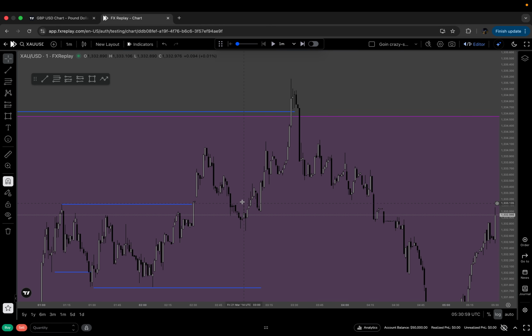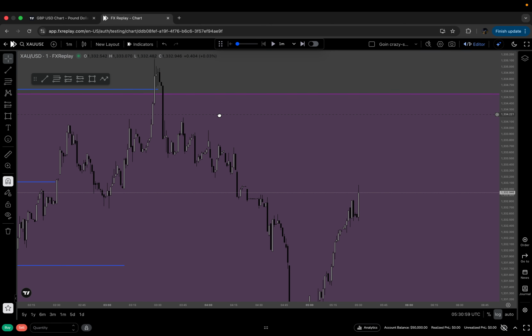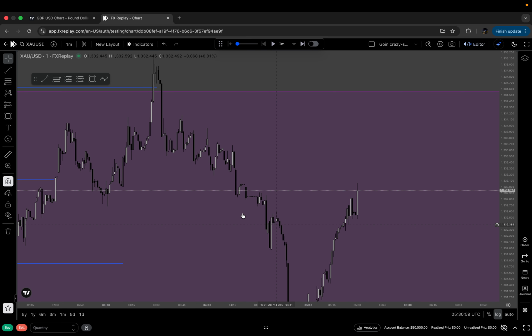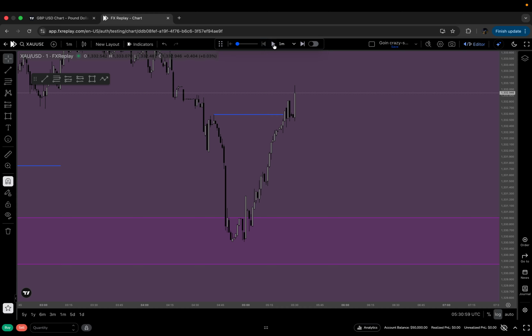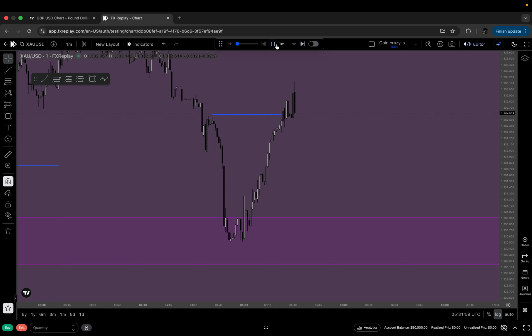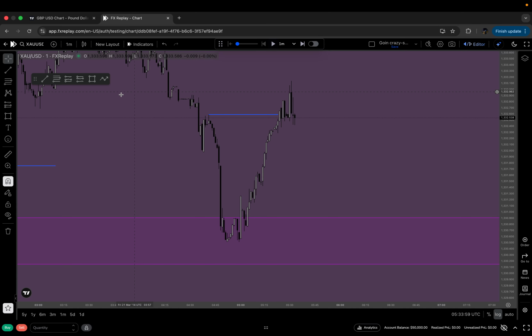Let me just pause it so I can catch up. Boom, boom. Okay. Get a break. We just need a nice retracement now. Ideally, somewhere in the 50% range of this.